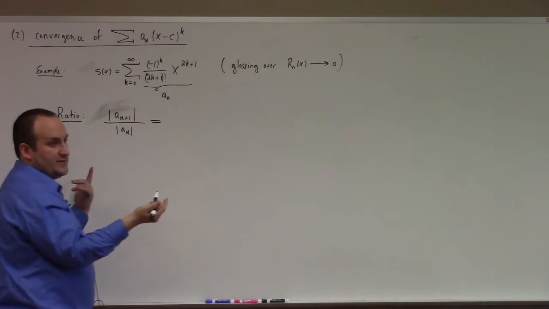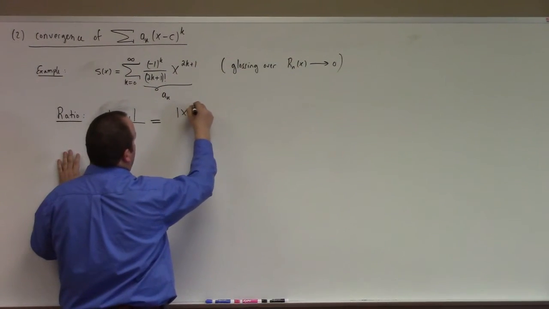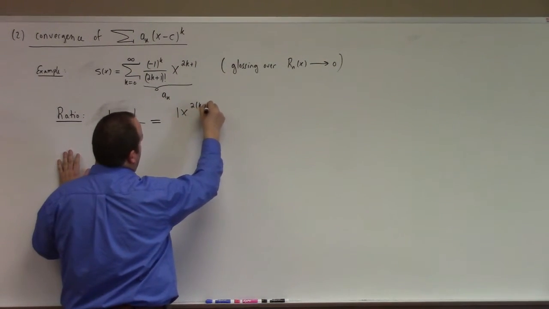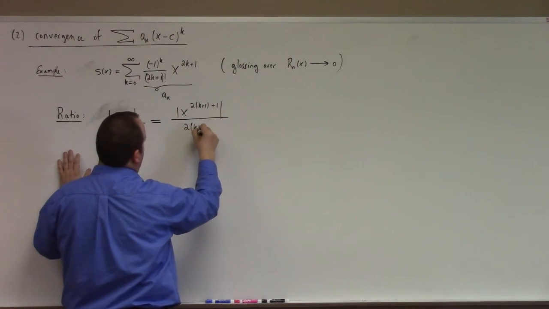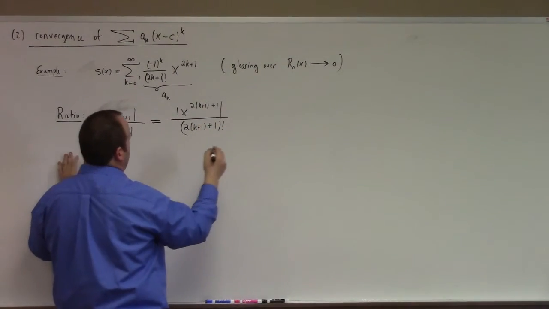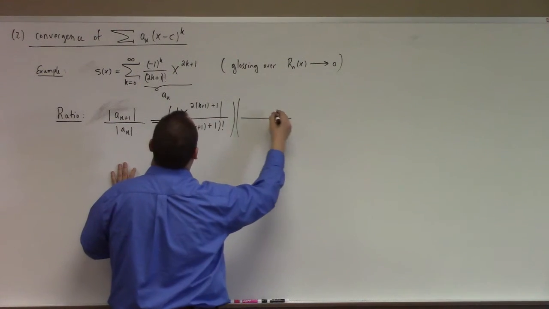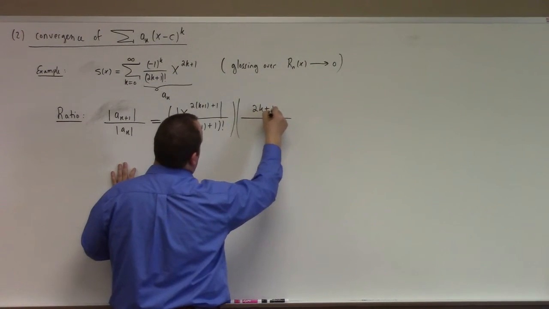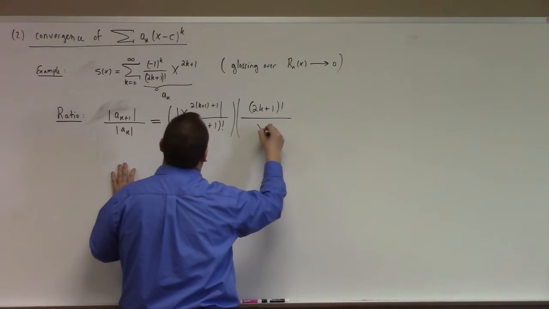The minus 1 to the k goes away. What are we left with? Absolute value of x to the 2 times k plus 1 divided by 2 times k plus 1 factorial divided by, let's see, 2k plus 1. I should have stuck with that exponential example. That would have been easier for me to write. Oh well.